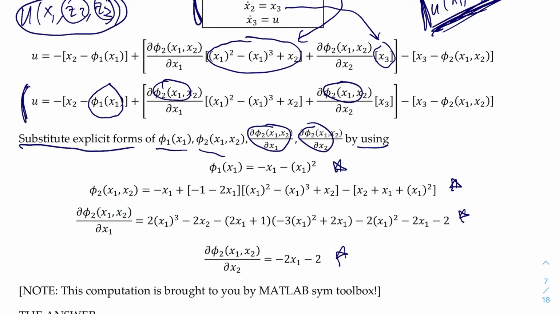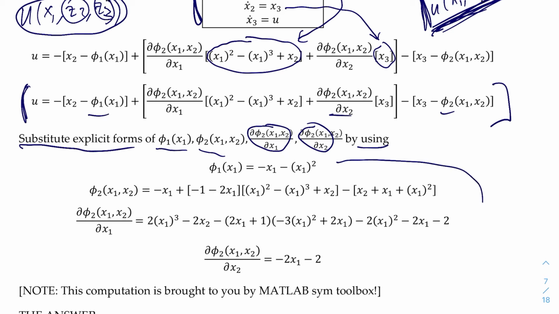Let me just delete those. So we have this, but there are phi2 and partial derivatives and phi1.